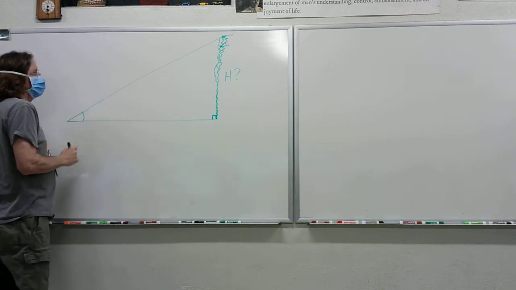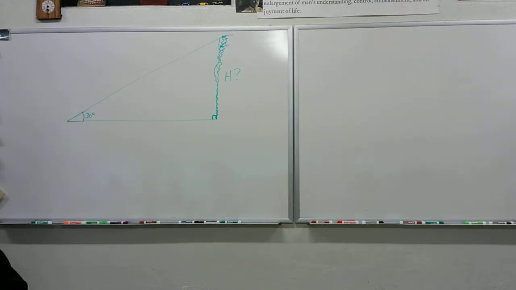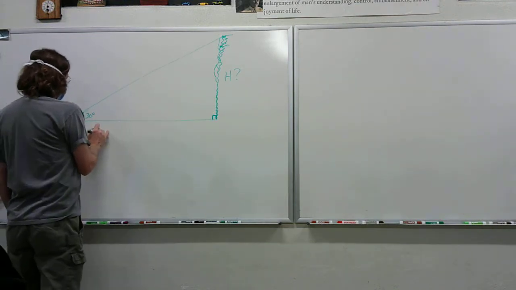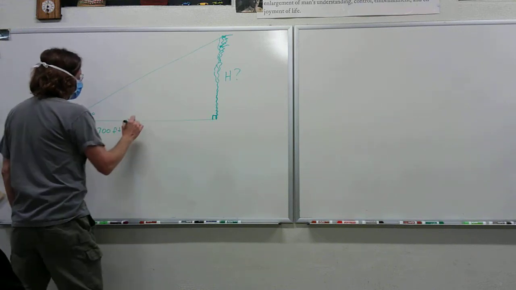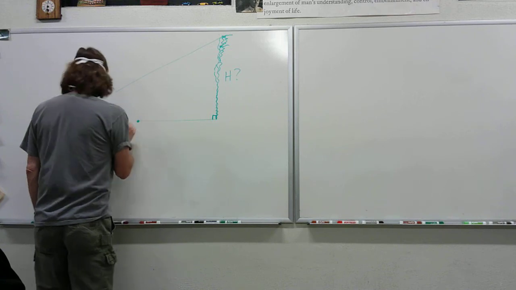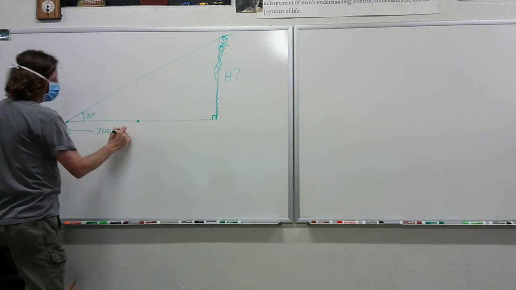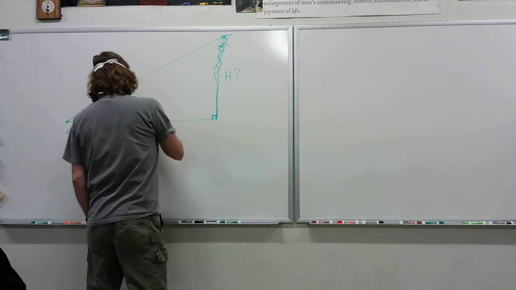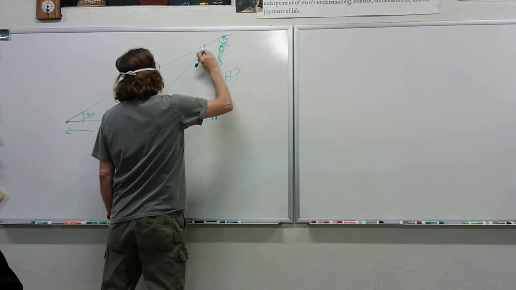The angle to the top is 30 degrees. He walks 100 yards, 300 feet. He walks 300 feet to right here. So he walks from here to here, which is 300 feet. And he looks up again. Well, if he could draw, it would help.